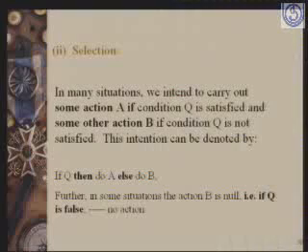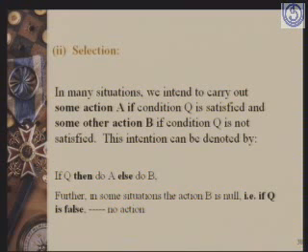So in this type of situation, what we do is, if a condition Q, that is, if the income is more than 10 lakh rupees, then you will do this, and if it is not, then you will do that. That is, the tax rate will be 5% if the income is less than 10 lakh, and 10% if the income is more than 10 lakh.